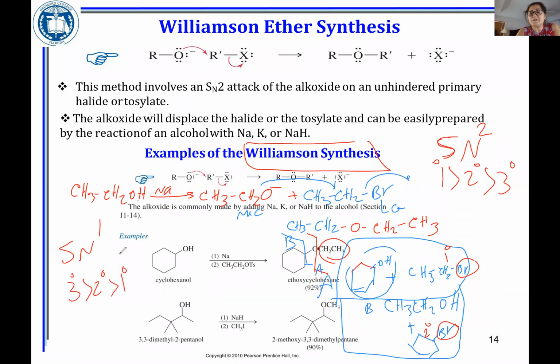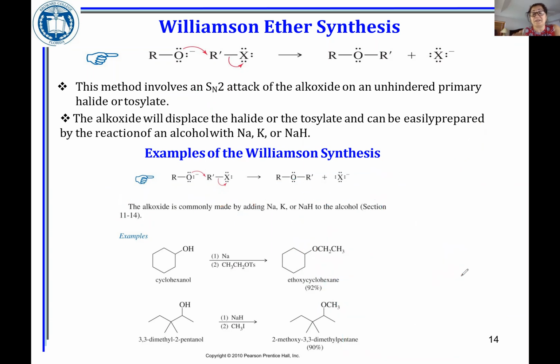The Williamson synthesis reaction is going to go through an SN2 attack. For that reason, we want our alkyl halide to be primary. That's why, when you are trying to synthesize, especially with retrosynthesis, you want to make sure that your alkyl halide is a primary alkyl halide, not a secondary, when there is a choice.